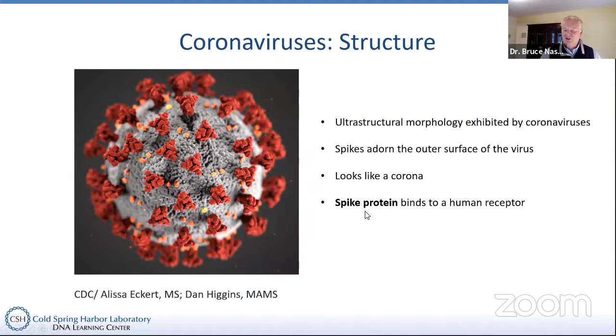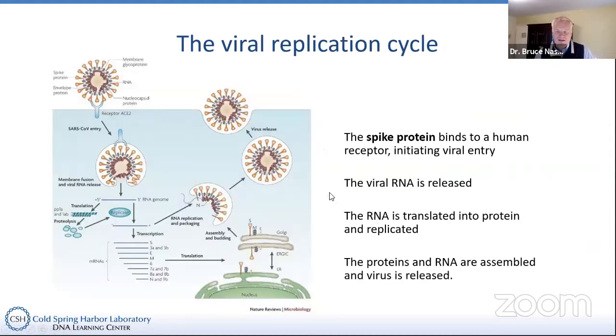And I also wanted to point out that the spike protein binds to a human receptor, and that is important for how the virus gets into human cells or other host cells. Okay. So you have the virus on the surface, you have these spike proteins. I'm not going to go into it, but the spike proteins actually do some sneaky tricks.